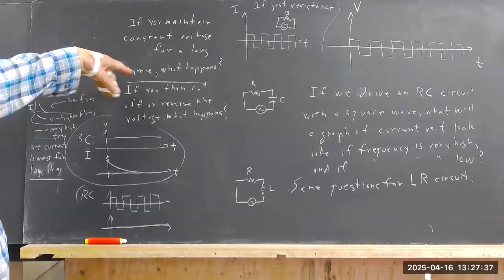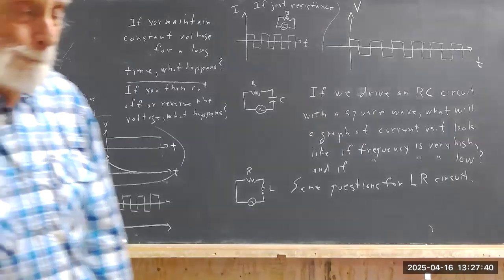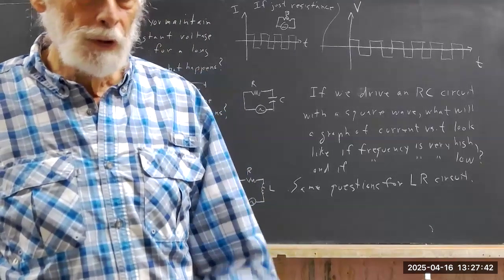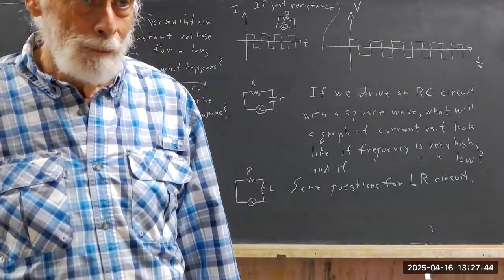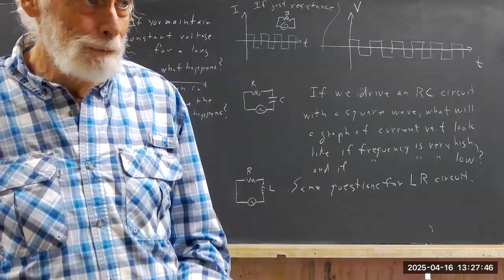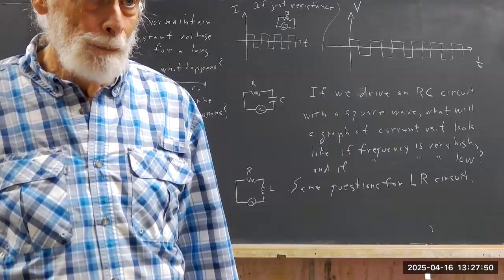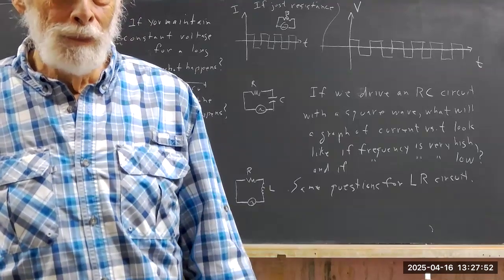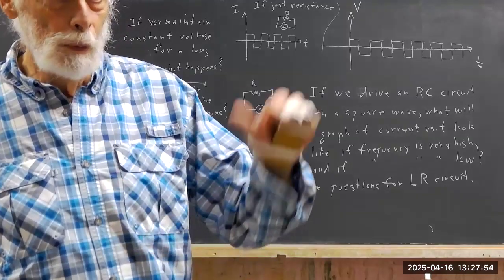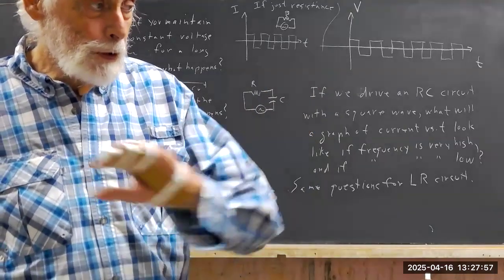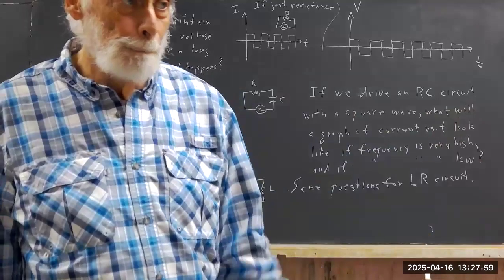Now, maintain a constant voltage for a long time around that loop, right? So it's been going on for a long time. Is the current going to be changing? Is the magnetic field going to be changing? No. Even if that magnetic field takes a little while to build up, it's been going on for a long time, so it's going to be built up.